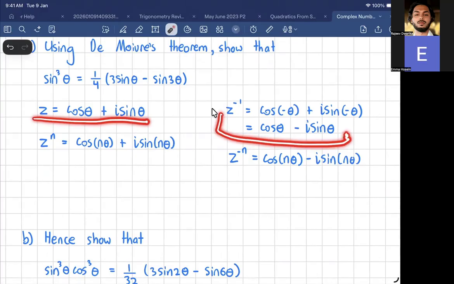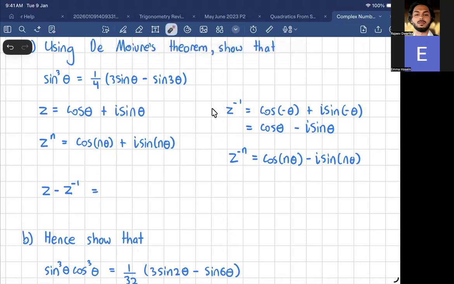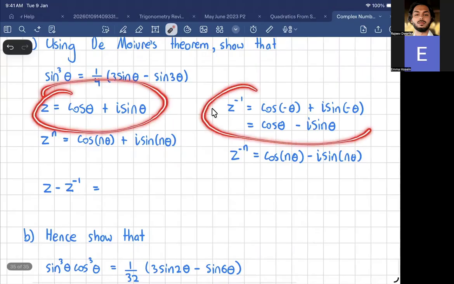I want to get sine. Should I minus them? Should I add them? What do you think? You minus them. Right, I should minus them. So z minus z to the power minus 1. Now, let me run through this carefully. So we are minusing this and this.